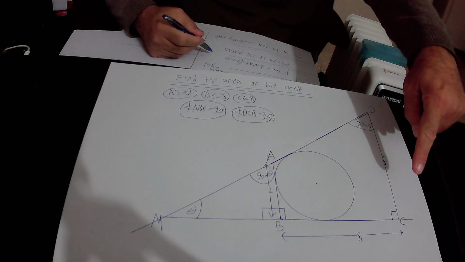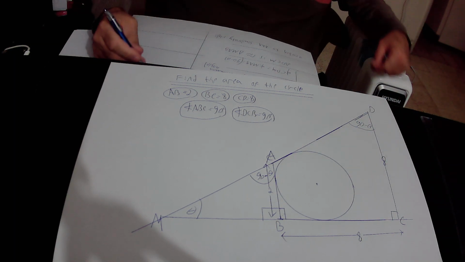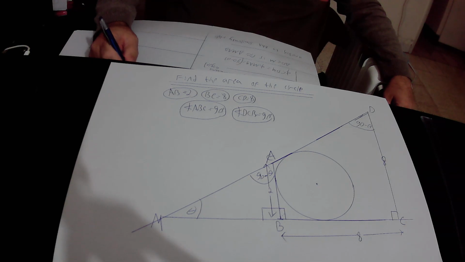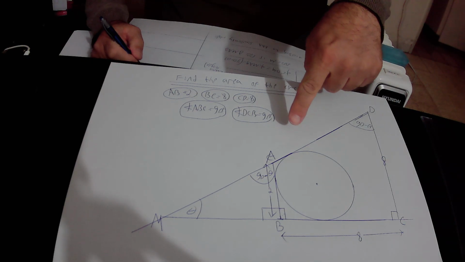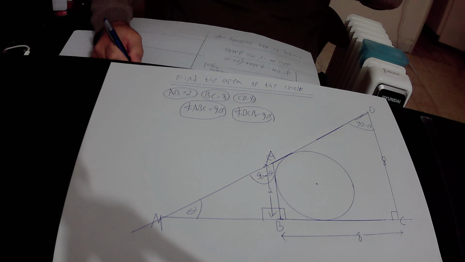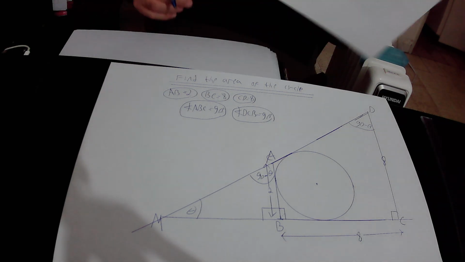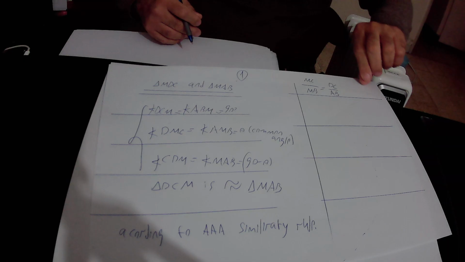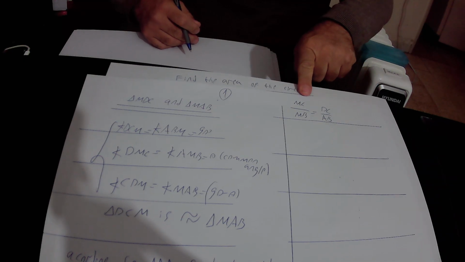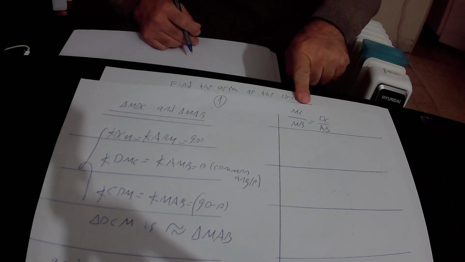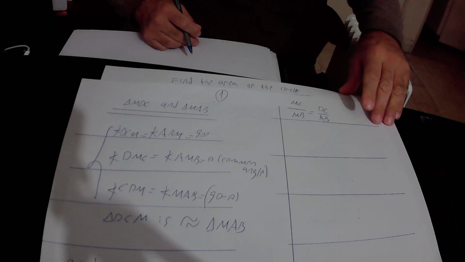This is side DC over side AB in the small triangle. Repeat again. MC over MB equals to DC over AB.